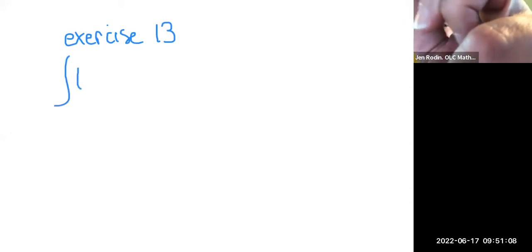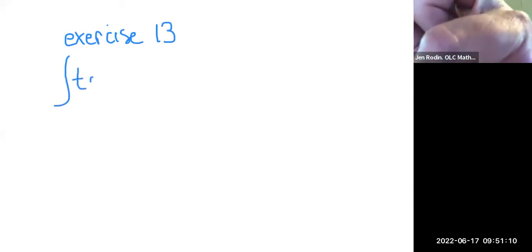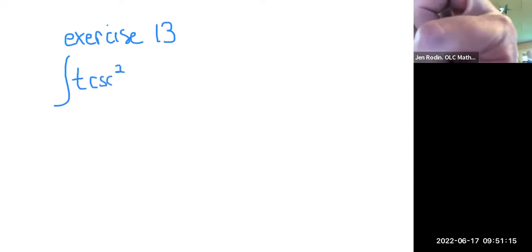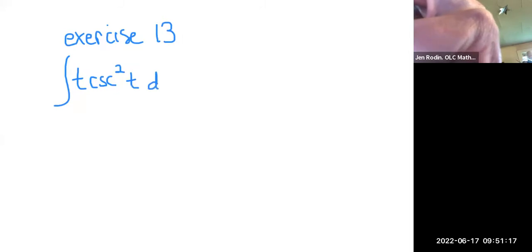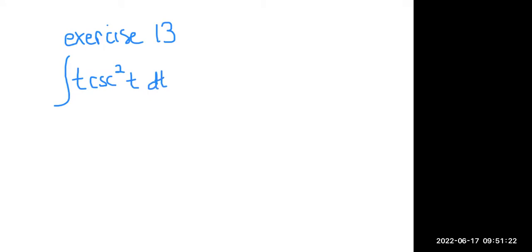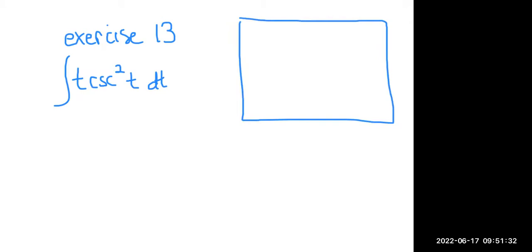One more of these. Book exercise 13, just so we have a variety of ones to look at. The integral of T cosecant squared T dt. So this crazy looking one is not so bad.